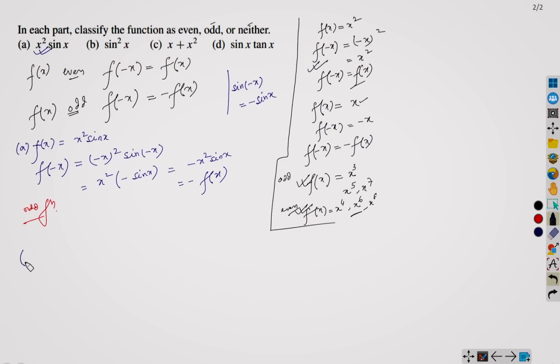Similarly, problem B, let's take f of x equals, would you like to try this by yourself? Try it, pause the video, try it by yourself and come and check. Meanwhile, I am finishing this. F of minus of x, replacing x by minus of x, we can write this in this form.